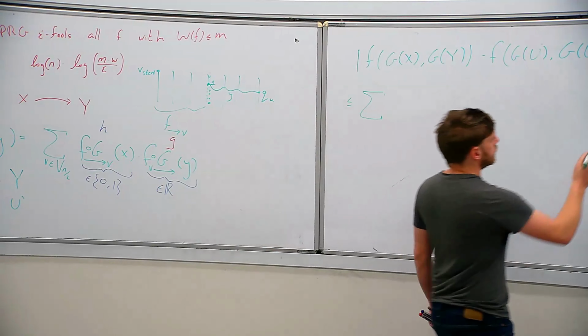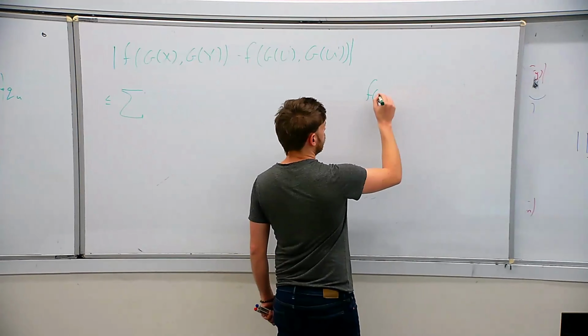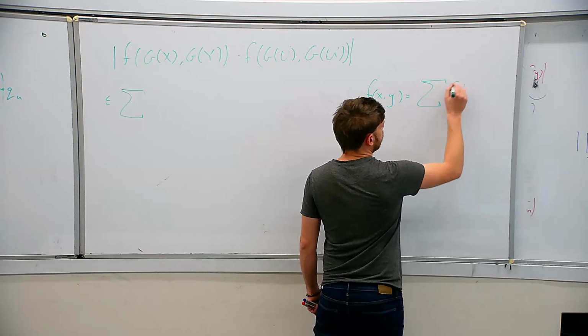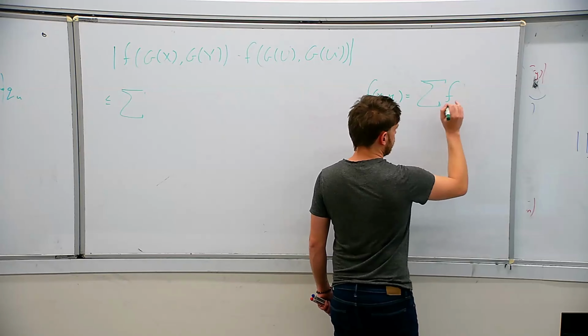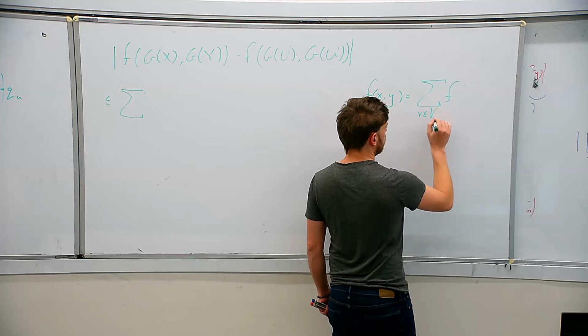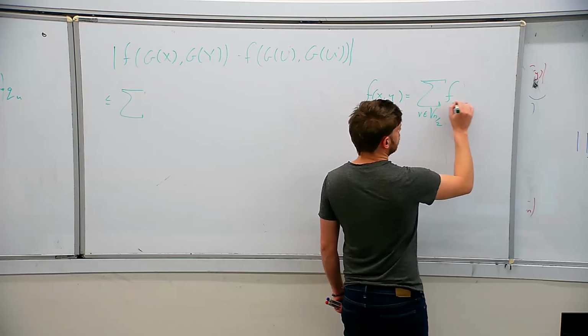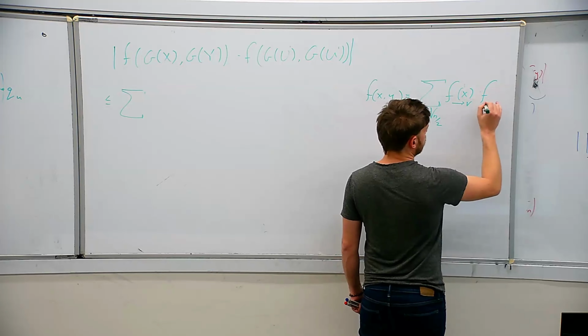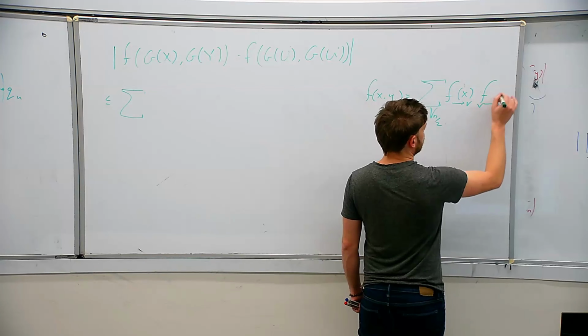So we need to say that if y equals the sum over all v of f, oh, we said it before, right? V times f from v to the n.